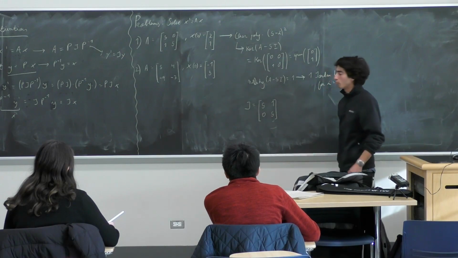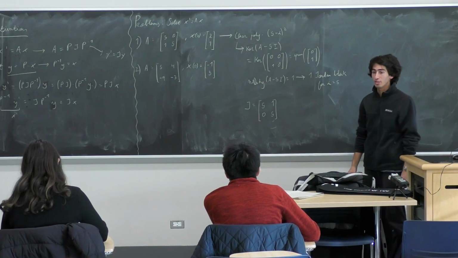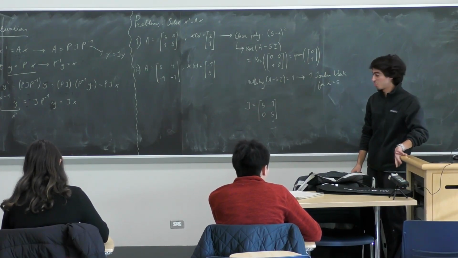Now the challenge is finding the P matrix, and that's why I chose these 2 by 2s, because finding the P matrix for the bigger ones is a little bit more involved.